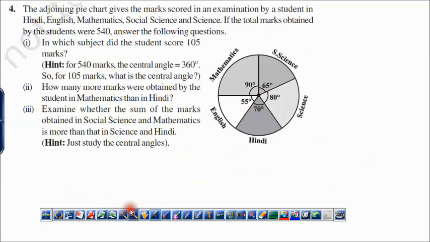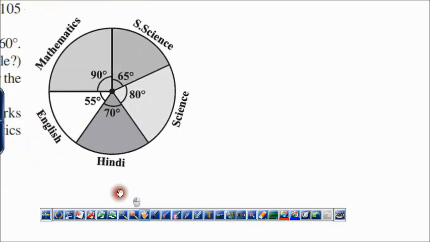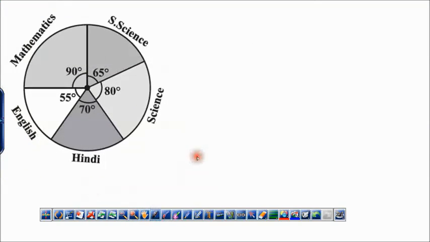Adjoining pie chart gives marks scored in examination by student in Hindi, English, Maths, SS, Science. हर एक के मार्क्स है and total marks 540 है. So grand total of the marks is 540. डिग्री को मार्क्स में कन्वर्ट करना और कुछ नहीं. पहले सारे कैलकुलेशन करके रख दो. 360 डिग्री टोटल डिग्री होती है, which is equivalent to 540 marks.